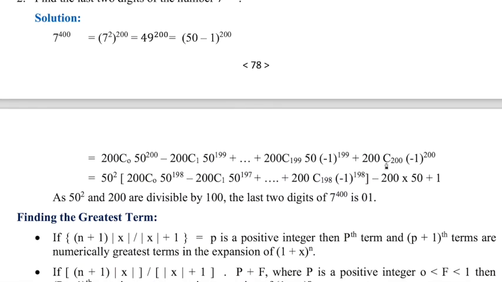Okay, these last two terms are important. Why? Because all other terms are multiples of hundreds. No, this is also a multiple of 100, right?